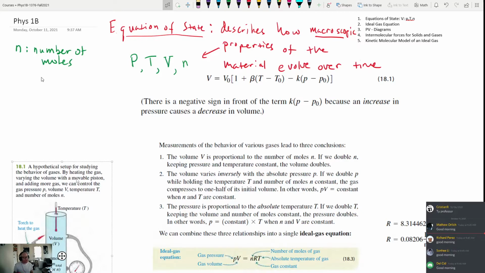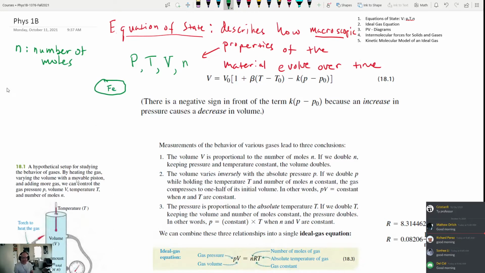Let's say there's some other quantity about the substance that you can measure. Like, let's say that I give you a piece of iron, and your job is to tell me how many moles of iron there are. How could you do it? Assuming you had some equipment that you could use. You get some little piece of iron.